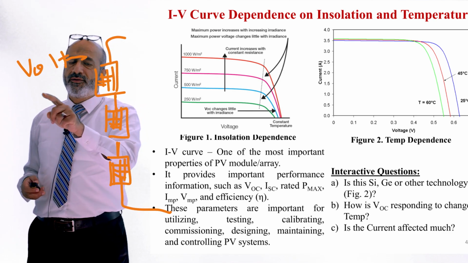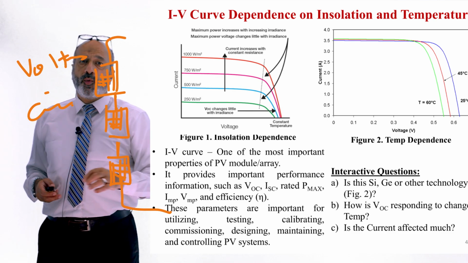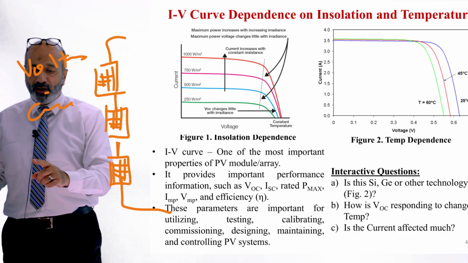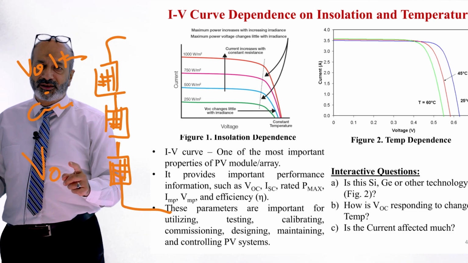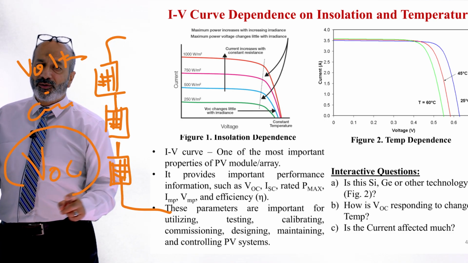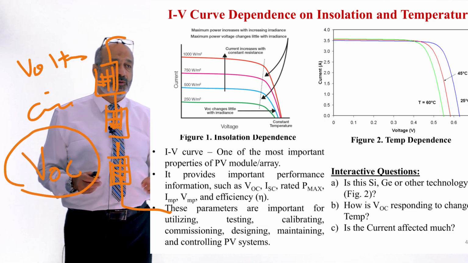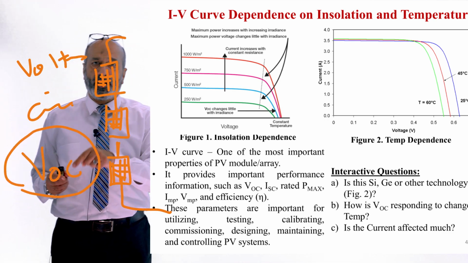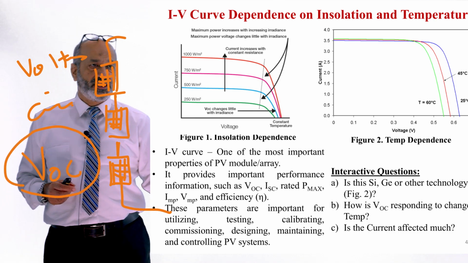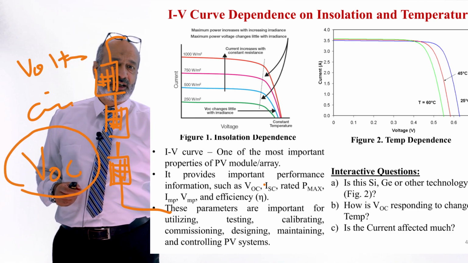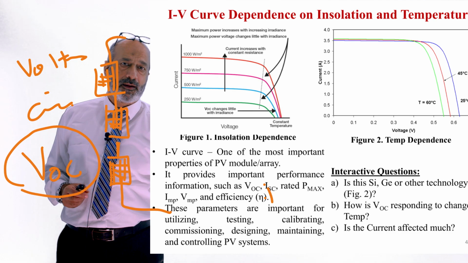Voltage and current. And here we have to mention that V open circuit is the notation or the abbreviation we need to use for the voltage here. It's open circuit voltage.